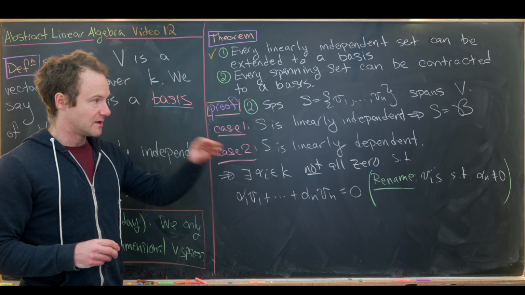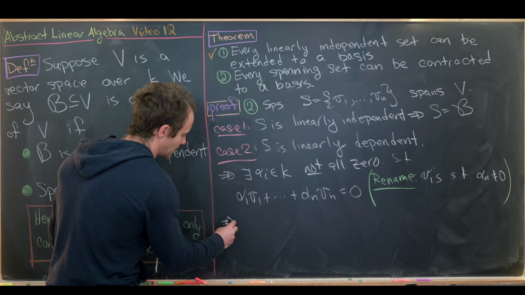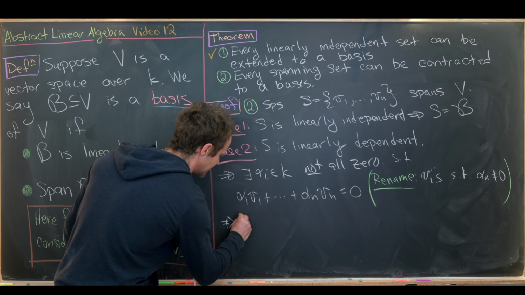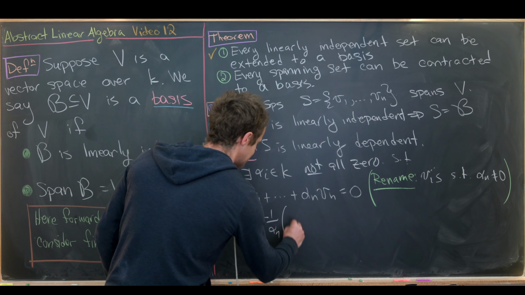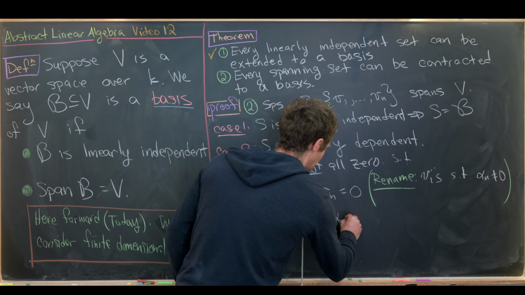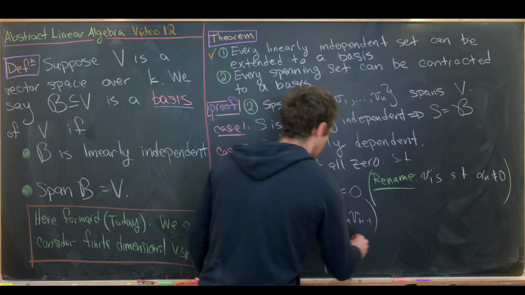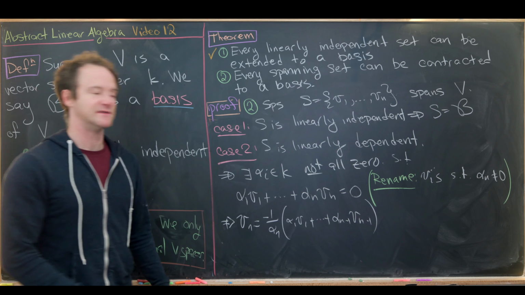Okay, nice. But now, if alpha n is not equal to 0, then that means we can solve for Vn. So let's see. Vn is equal to minus 1 over alpha n times alpha 1 V1 all the way up to alpha n minus 1 Vn minus 1. But that's a linear combination of V1 to Vn minus 1.